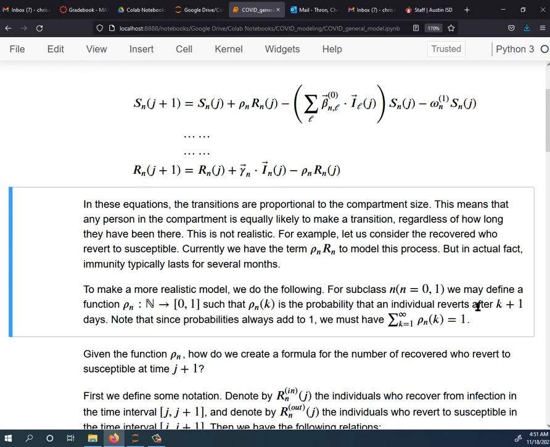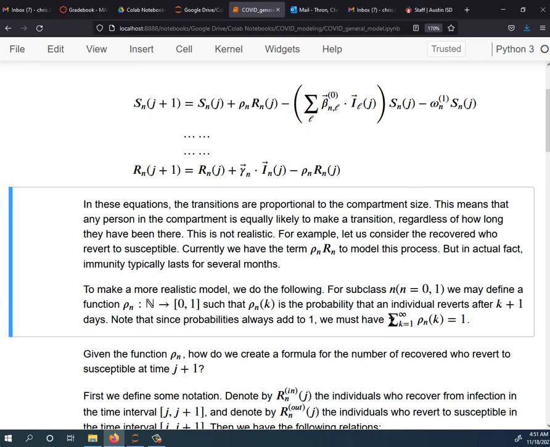He's not going to revert initially. He's going to be recovered for at least 1 day. So reversion starts at 1 day after you've recovered. Now these probabilities need to add to 1.